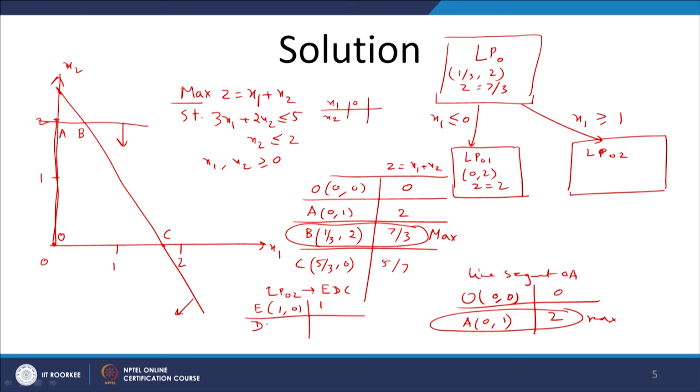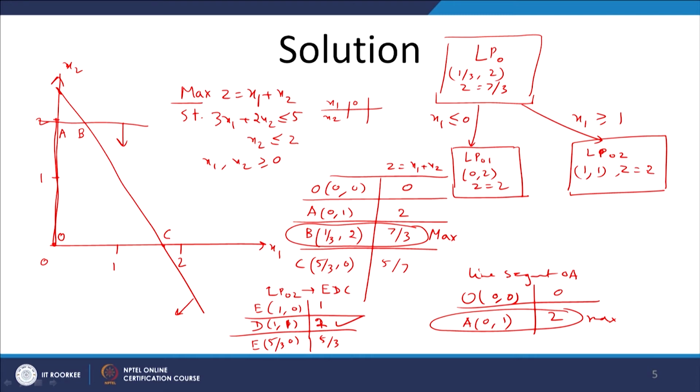D is 1, 1, which gives us 2, and C is 5 by 3, 0, which gives us 5 by 3. So, this tells us that the solution is again at the point D. So, therefore, the solution is 1, 1 with objective function value 2.